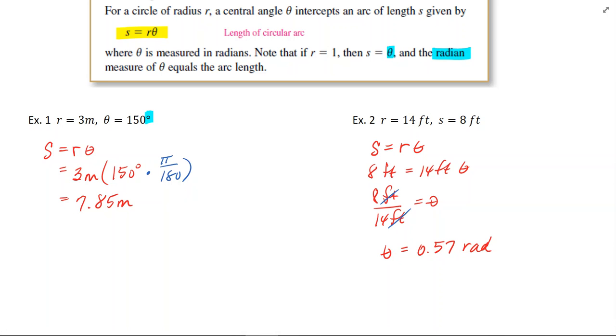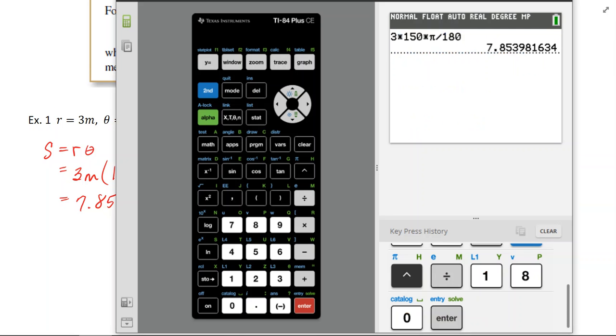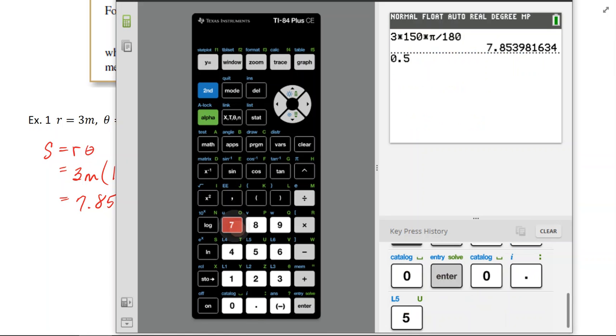Maybe we want to know what is the measure of theta in degrees. So I would need to convert my radian value into degree measure, so I would now multiply by 180 and divide by pi. So if I go back over here, I would have 0.57.